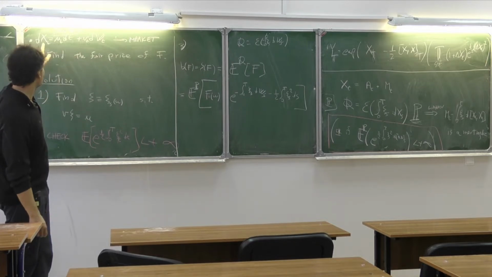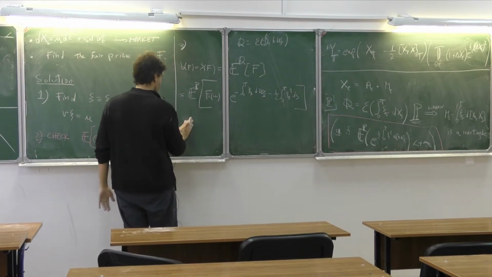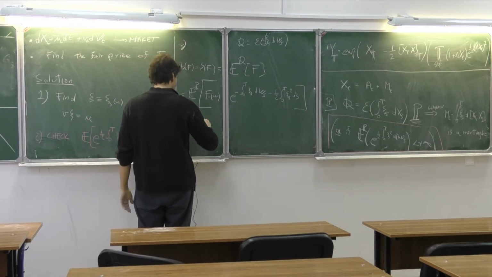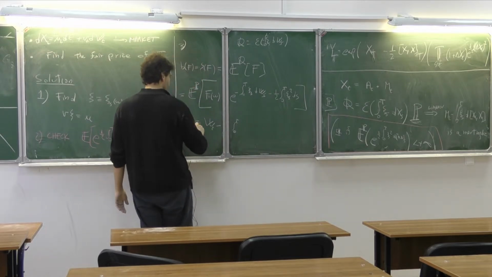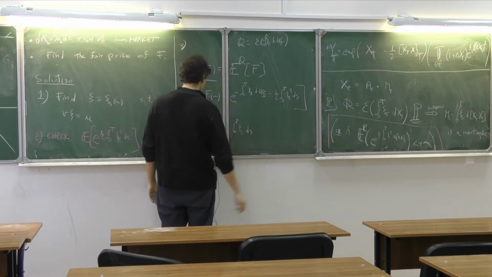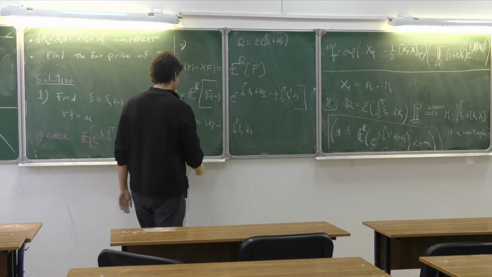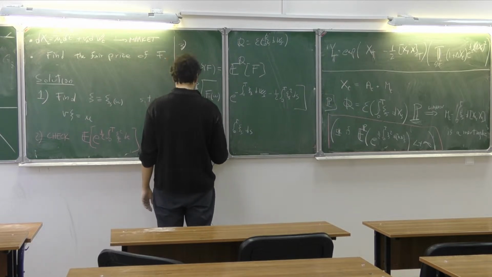Okay, so with W tilde equal to W minus integral between 0 and t of psi_s ds, X will be V_t of W tilde.